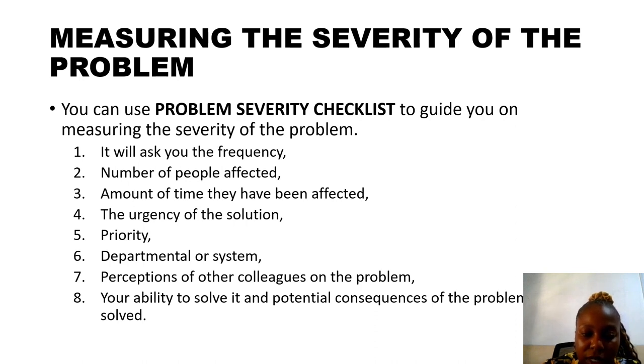And then the potential consequences of the problem if it's not solved; you can list them. Once you are done with all these factors, the priority will come out clear, whether it needs to be addressed now or later. It will also define whether the problem is severe or not really severe.